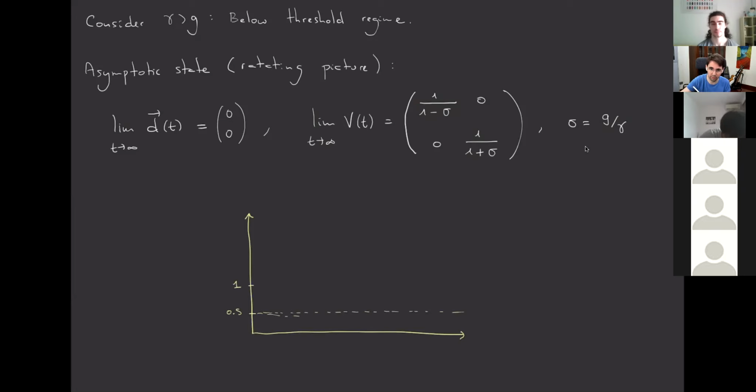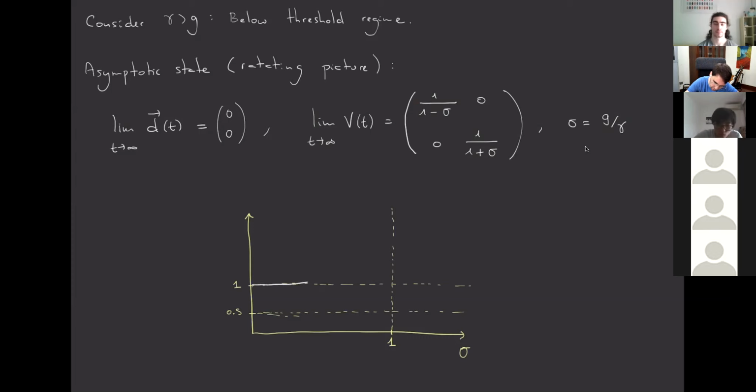This is the 0.5 line. This is the 1 line. And let's say that we can do things only right before sigma equal 1, so when the down conversion rate is equal to the decay rate. So this is sigma, and then we have the following.